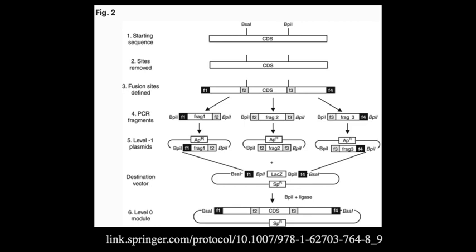F1 and F4 are shown in black, and they are standard fusion sites of standard sequence, and those need to be compatible with the ends of the vector. And here you can see everything coming together into the destination vector and the final construct.